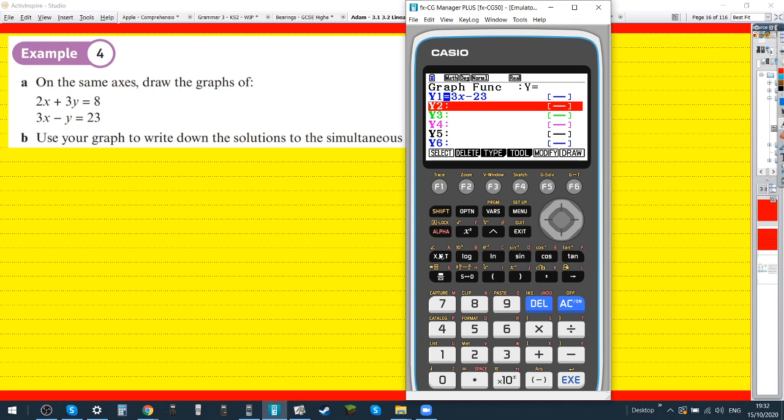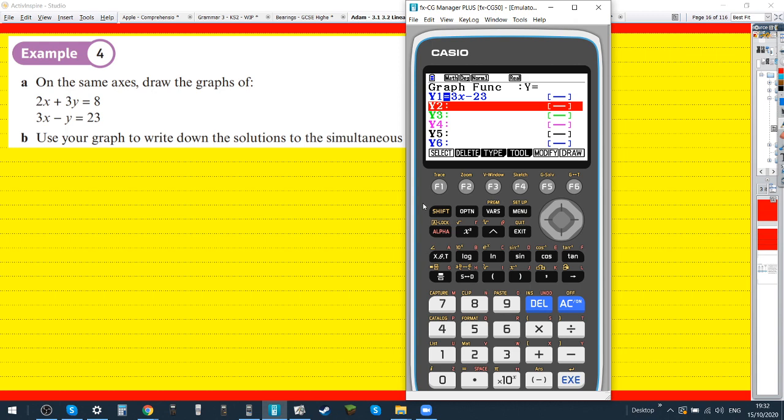So 3y equals minus 2x plus 8. And then divide by 3, both sides.